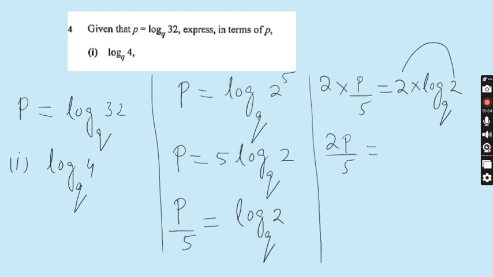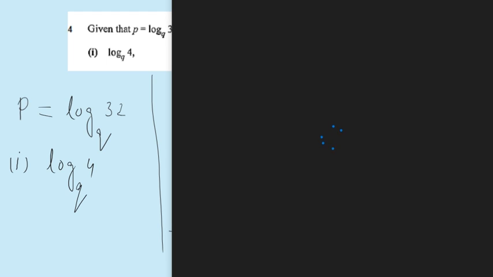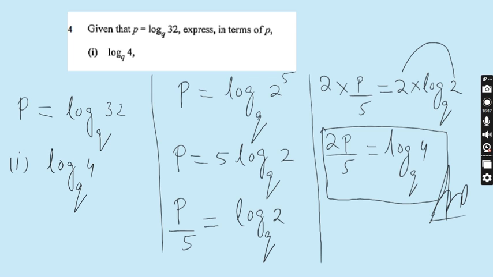This 2 becomes the power of 2, log q 2 square. 2 square is 4. And this is the requirement. The requirement was to find the value of log q 4. The value of log q 4 is 2p upon 5. So very important question, very important part. Move to the next part.